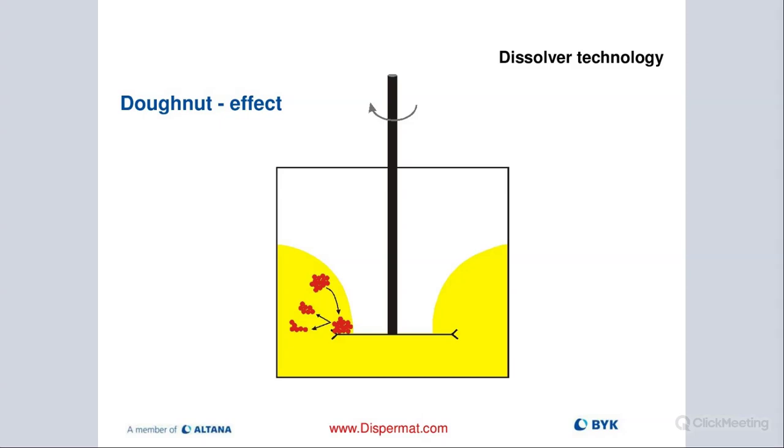What I'm missing on this picture, I didn't draw it, is the same thing on the bottom of the blade, because we have the same effect not only on top but also on the bottom of our blade. We are also shearing and breaking up these binding forces. So I would have extended that picture, those particles down below the blade.